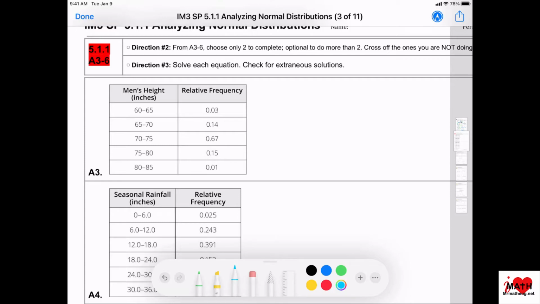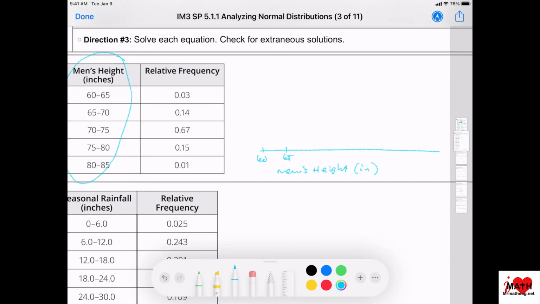All right, A3 here. I got men's height. Measured in inches. And I have 60, 65, 70, we're trying to do our best to equally space, 75, 80, and 85.